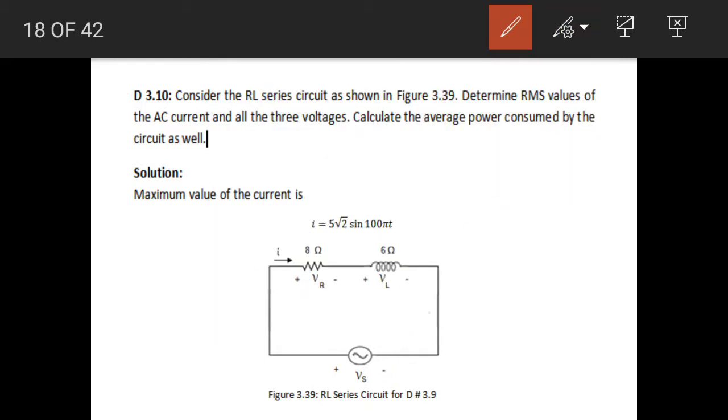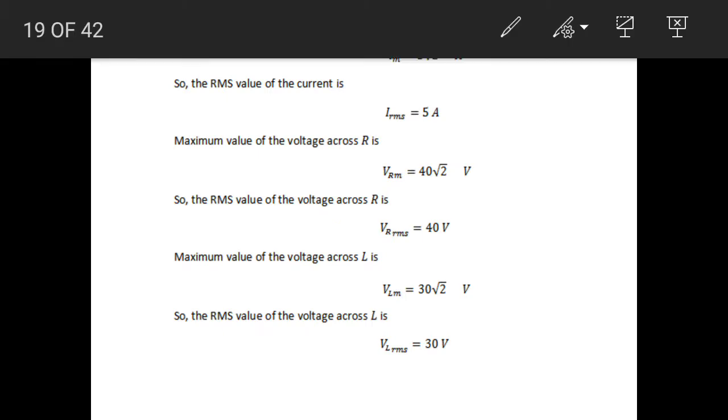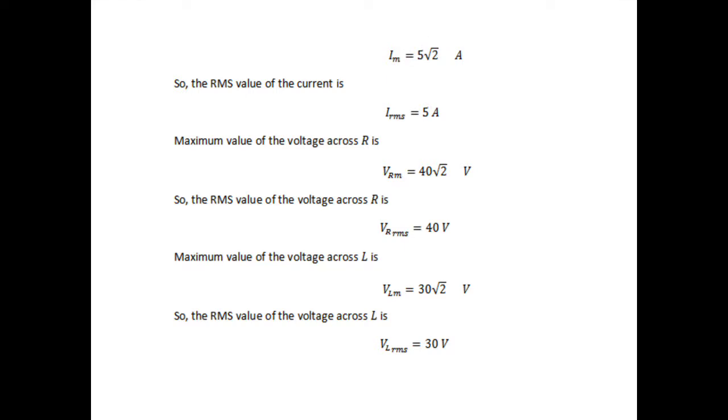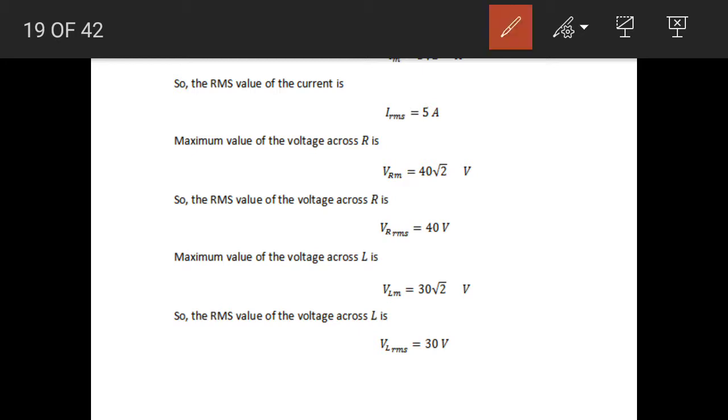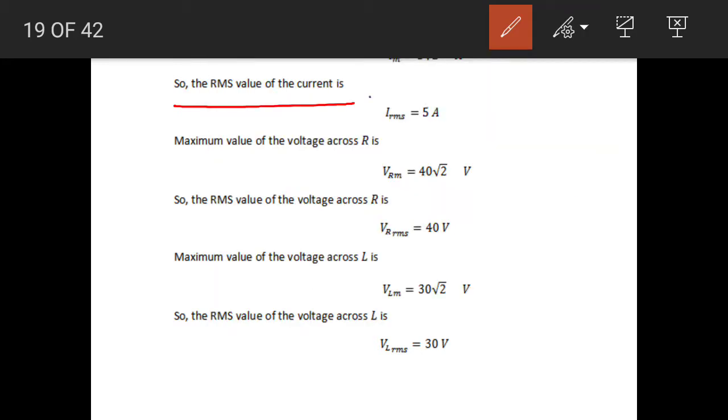So let us consider the RMS value of the current first. We know that the maximum value of the current in the previous example was 5 under root 2 ampere. As we want to calculate the RMS value of this current, the RMS value will be equal to the maximum value divided by under root 2.